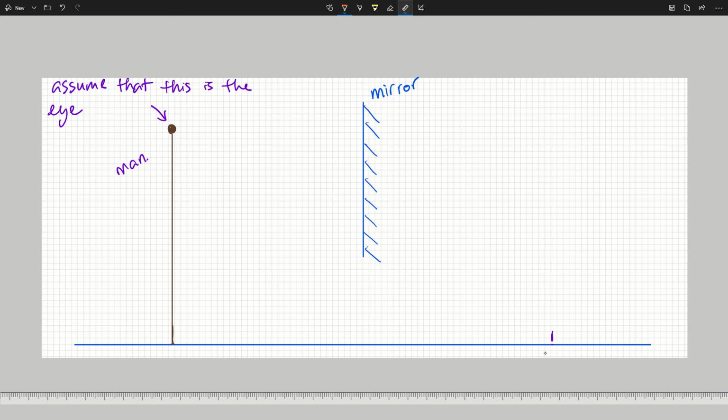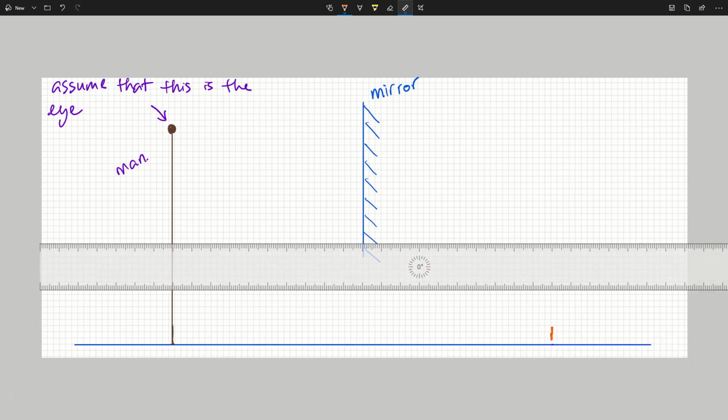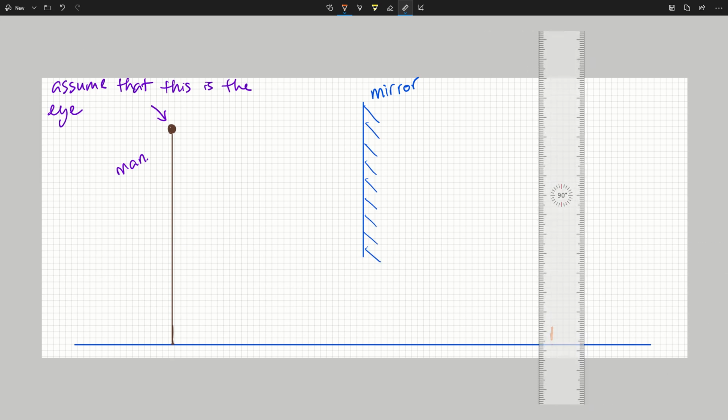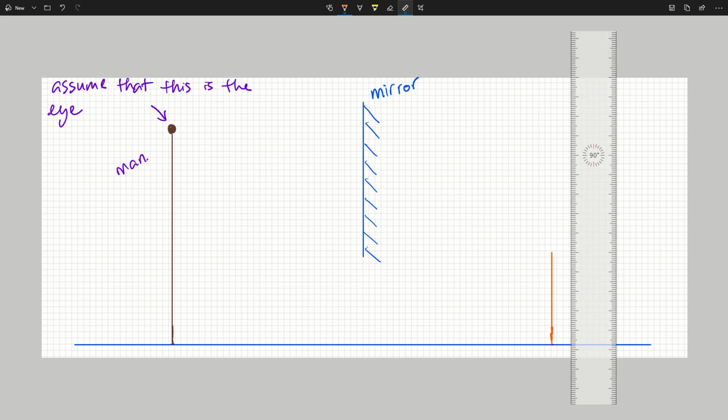I'll just change the ink to an orange one, just to distinguish between the image and the man. Right, now we need to draw the height of the man. Now bear in mind, this is a mirror image, so we need to represent him with dotted lines.